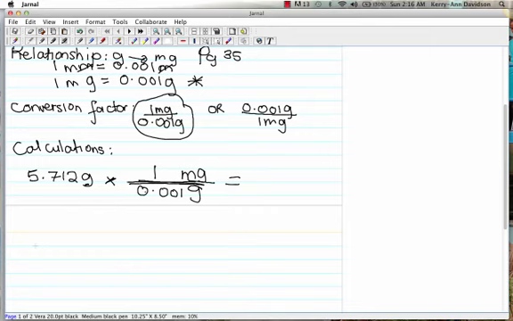And then do 0.001. Okay? Because what happens is people come this far and they'll do 5.712 times 0.001 equals. That's incorrect. Okay? You go across, then down. You should get 5712 in your calculator.